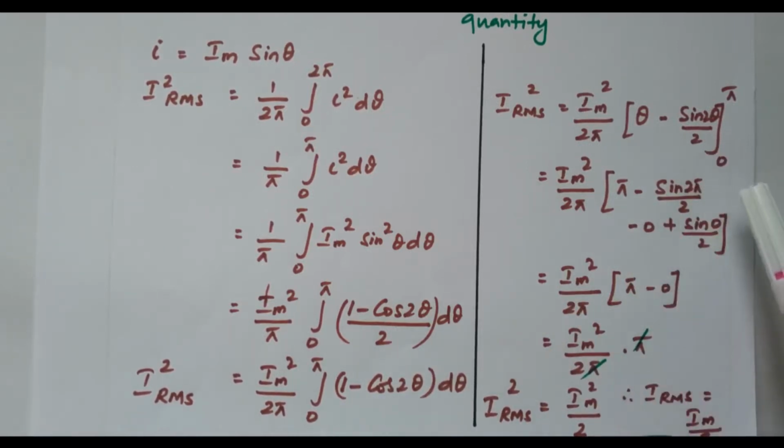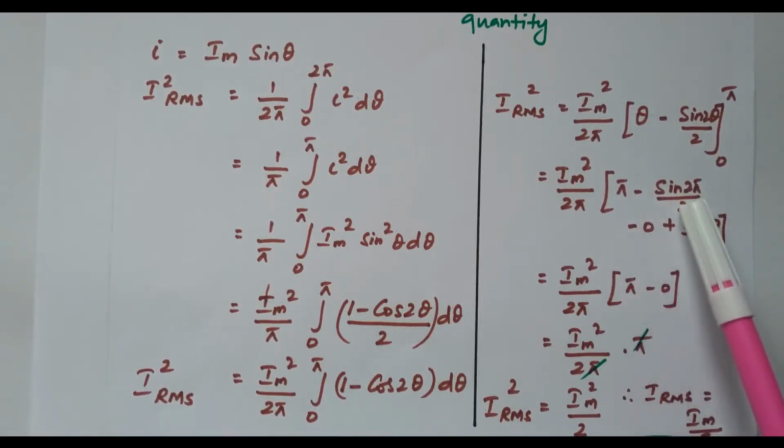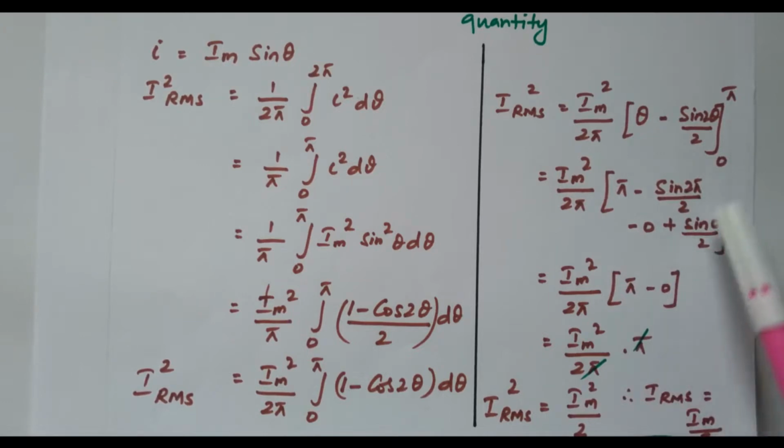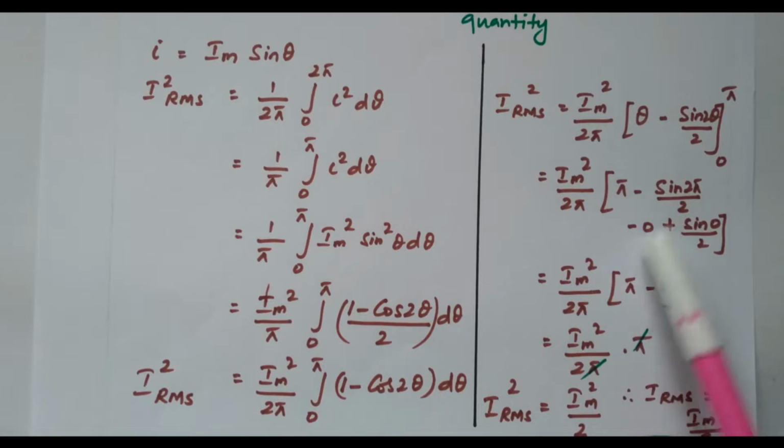Now we'll substitute the limits. First substitute the upper limit pi. So theta is pi, minus sin 2 pi divided by 2. Then substitute the lower limit. At that time the negative will be there, minus 0. Here already a negative is there, so that becomes positive, sin 0 by 2. So pi minus sin 2 pi by 2 minus 0 plus sin 0 by 2.